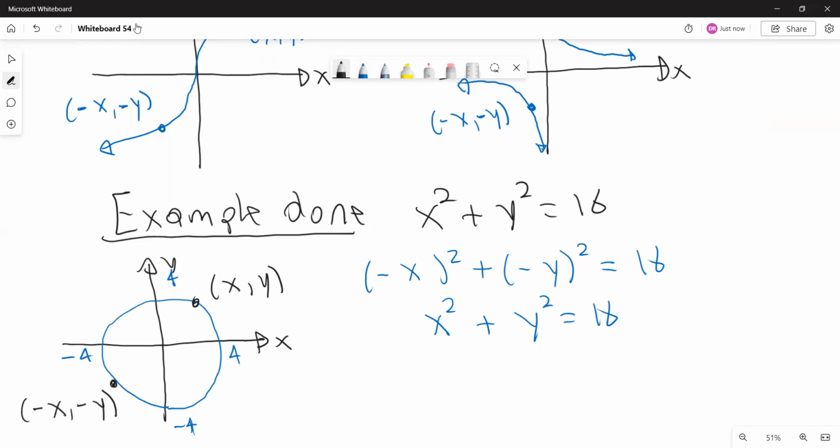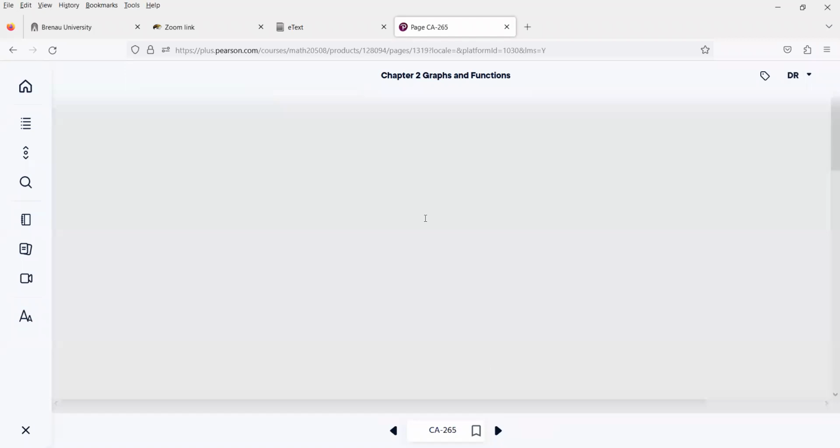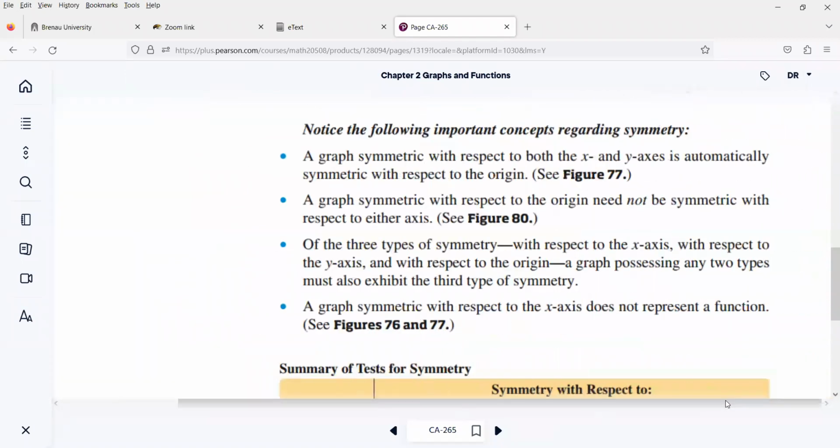So finally, I'm just going to read some notes about symmetry, and that's going to be it. A graph symmetric with respect to both the x and the y axis is automatically symmetric with respect to the origin.